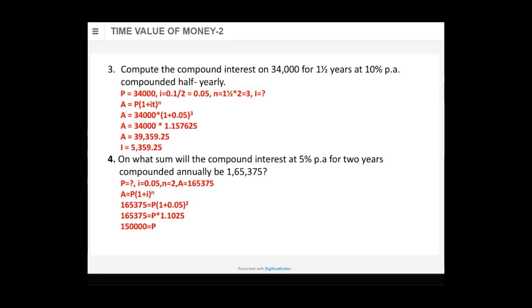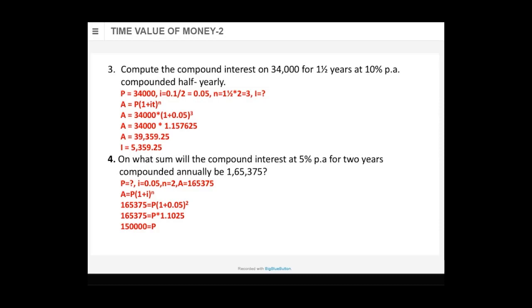Yes, 150,000. It's correct. So what we calculated here is P. In the next lecture, we'll do rate calculation, R, and N calculation, how to calculate R and how to calculate N.